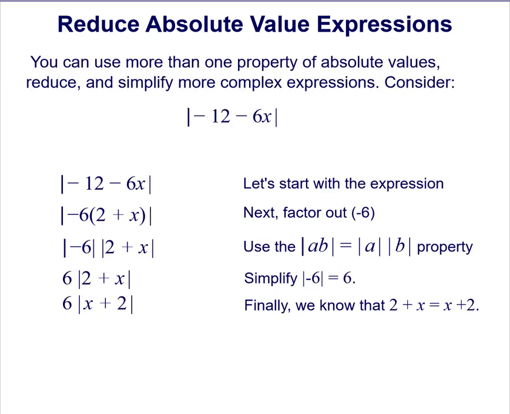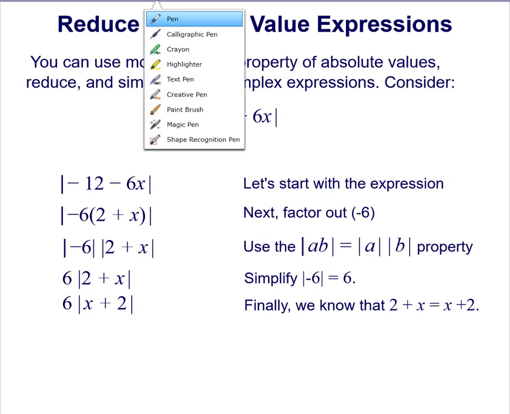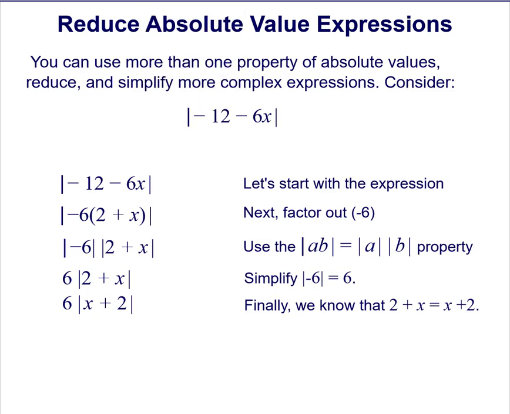To emphasize this point a little bit more, I'm going to pick another example that wasn't in the original set. Let's consider the absolute value of negative 12 minus 6x. So we start with the expression and we factor out a negative 6. Next, we use the absolute value of a times b is equal to the absolute value of a times the absolute value of b property.